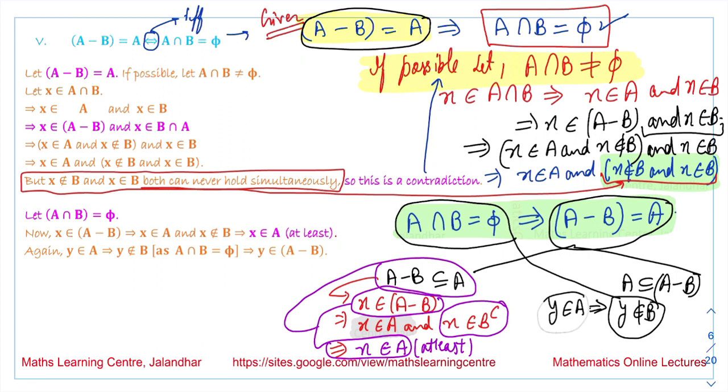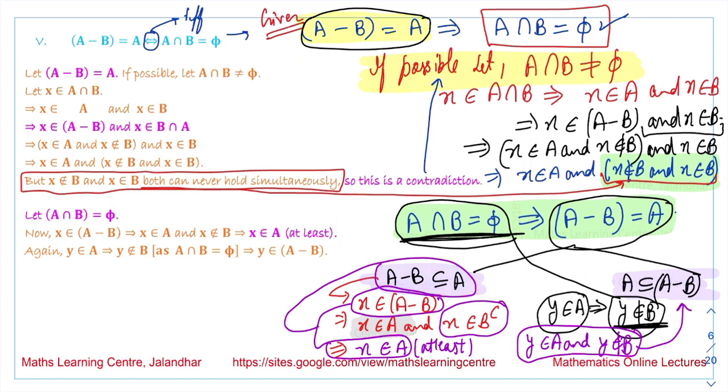So if y belongs to A, and A and B do not have any common element, then y cannot belong to B. So y belongs to A and y does not belong to B, and this is the definition of A minus B. So for each y belonging to A, we have y belongs to A minus B.